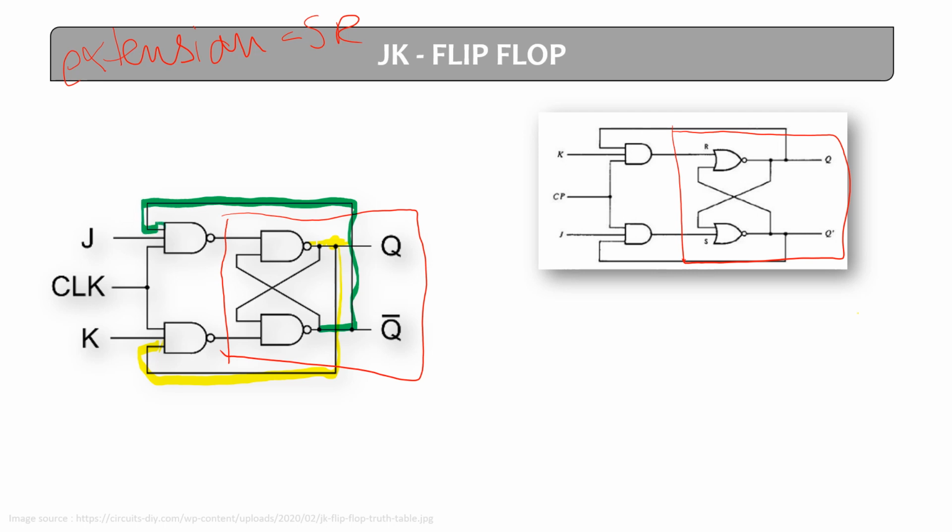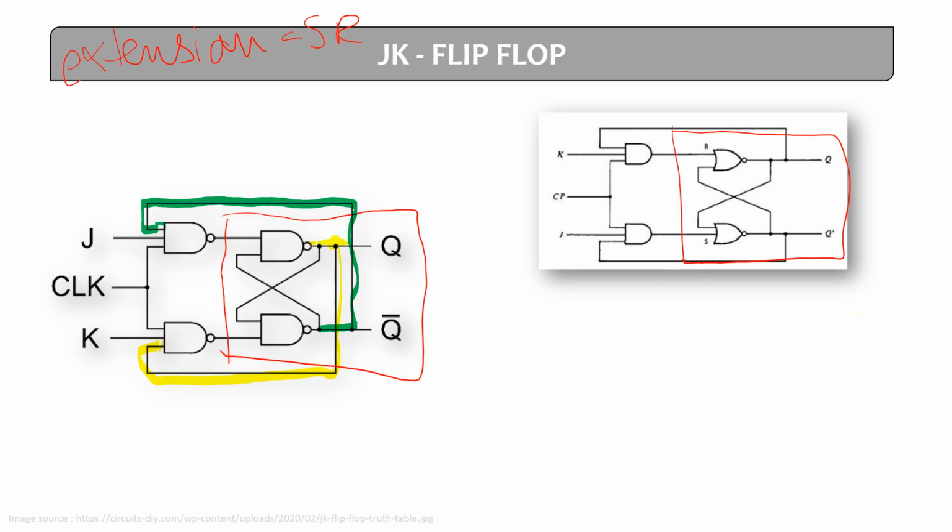So this thing happens in the JK flip-flop. You have the SR flip-flop, and whatever output you get in the SR flip-flop becomes the input for the J and K inputs, but in reverse order: the top output goes to the bottom gate and the bottom output goes to the upper gate. So this is how the JK flip-flop works.